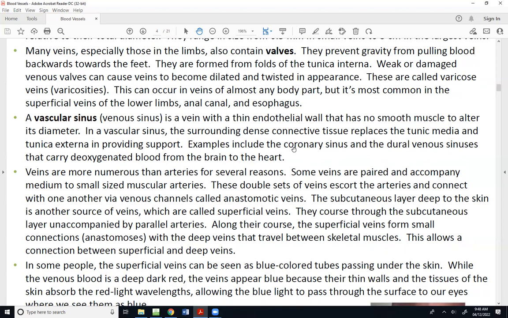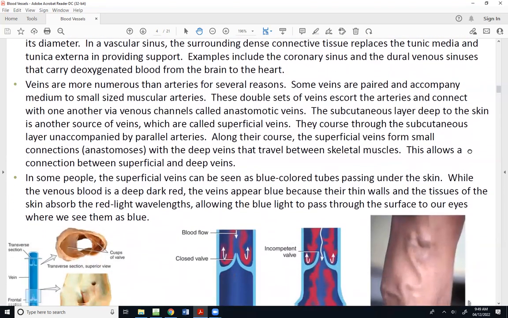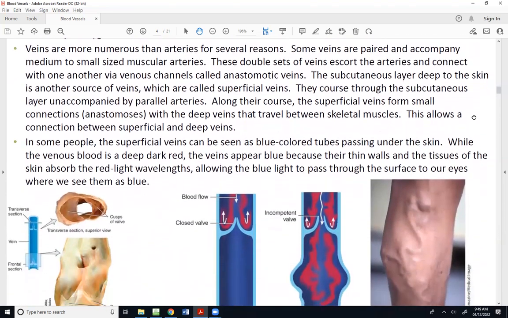Okay, an example is that coronary sinus that we talked about in our last lecture on the back side of our heart, which along with those two vena cavas that I just mentioned, helps deliver blood back to your right atrium. You also have up in your brain and skull area the dural venous sinuses that carry deoxygenated blood from our brain back towards the heart. We've actually mentioned those before when we talked about the meninges because they're intertwined with those.